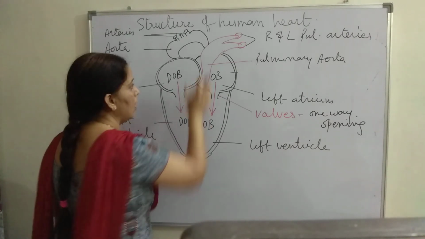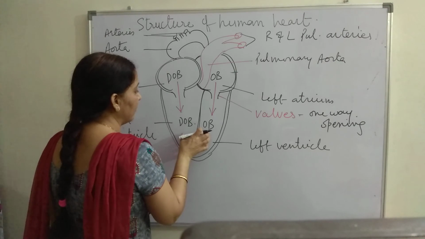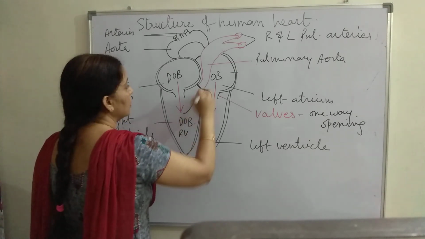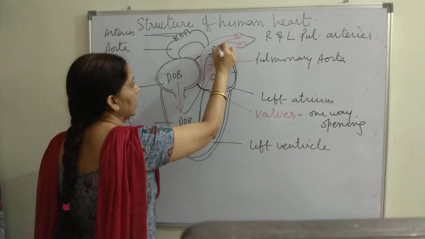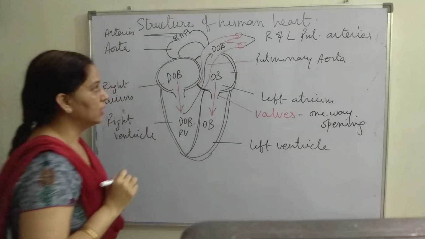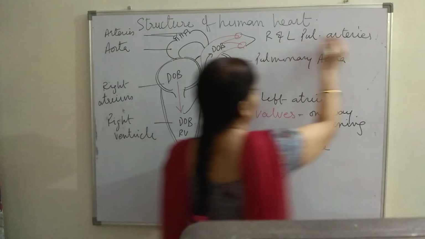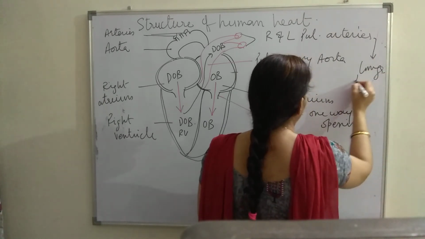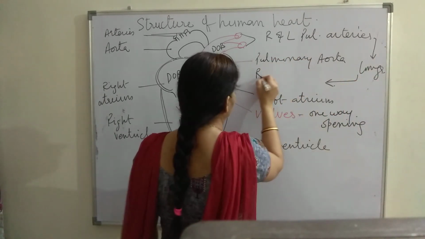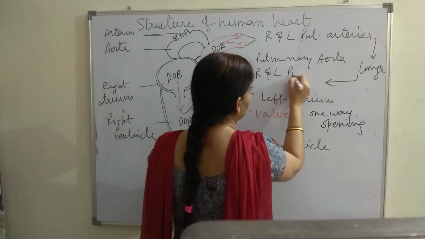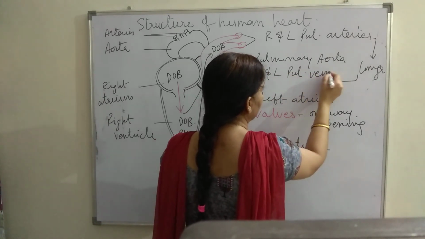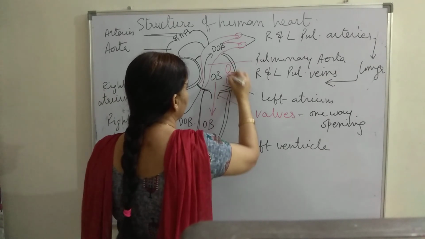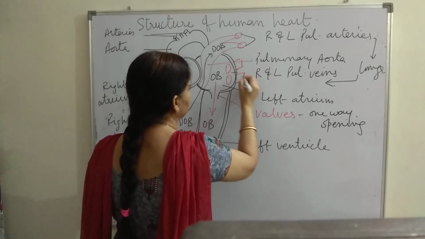It cannot go backward. Now, when the ventricles contract, from the right ventricle, deoxygenated blood goes into the pulmonary aorta. It will be carried through arteries to the lungs, and from the lungs, it will be carried back by the right and left pulmonary veins. And these veins open here in the left atrium.